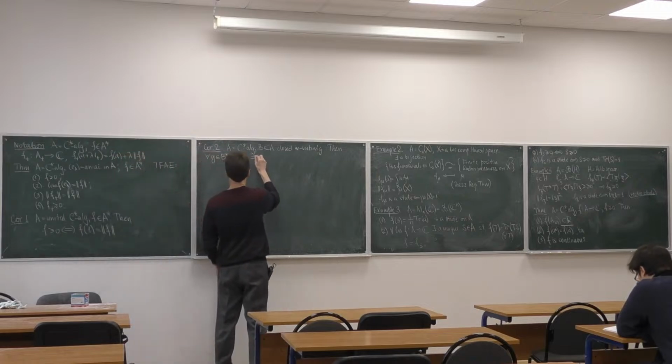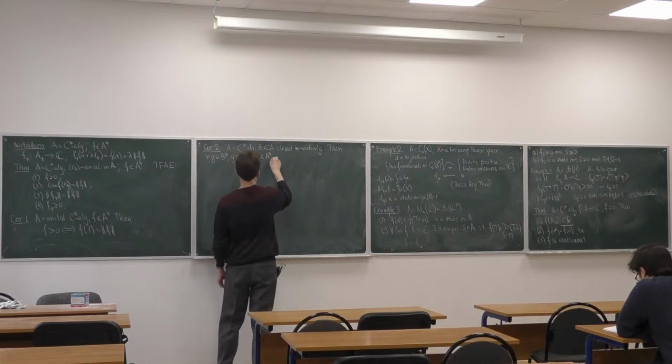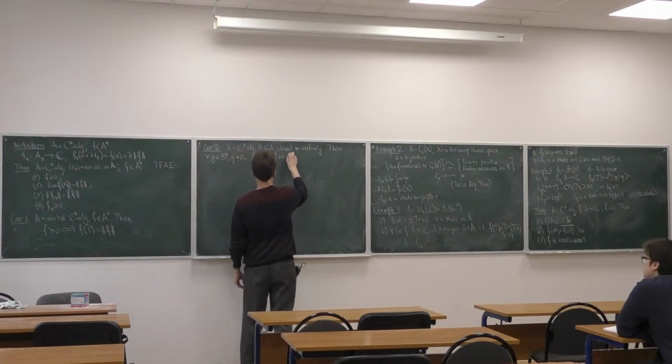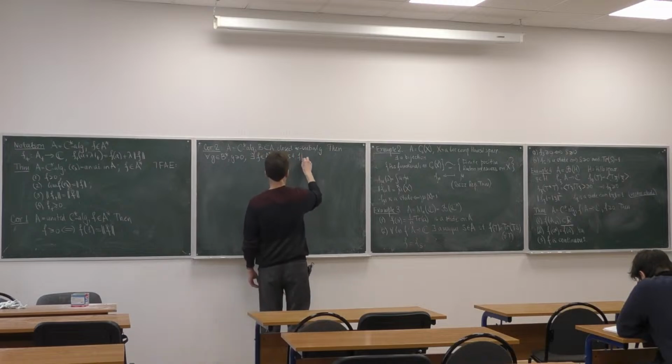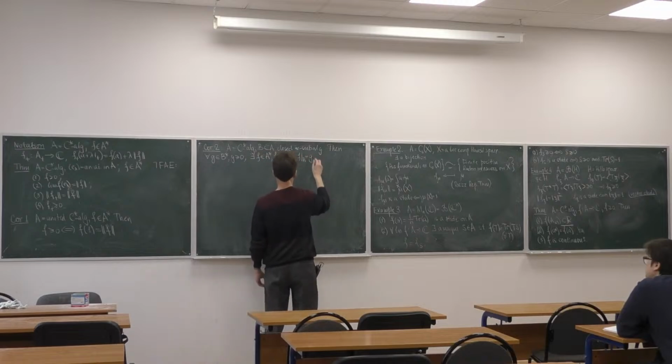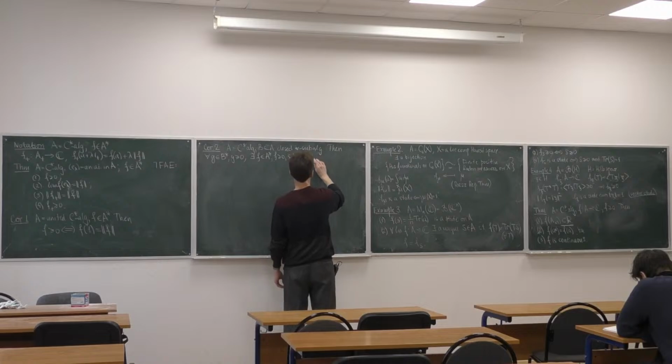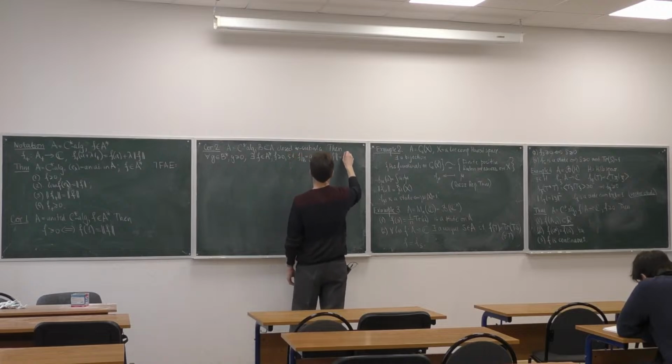There exists a positive functional f on A such that f extends G and has the same norm. The norm of f is equal to the norm of G.